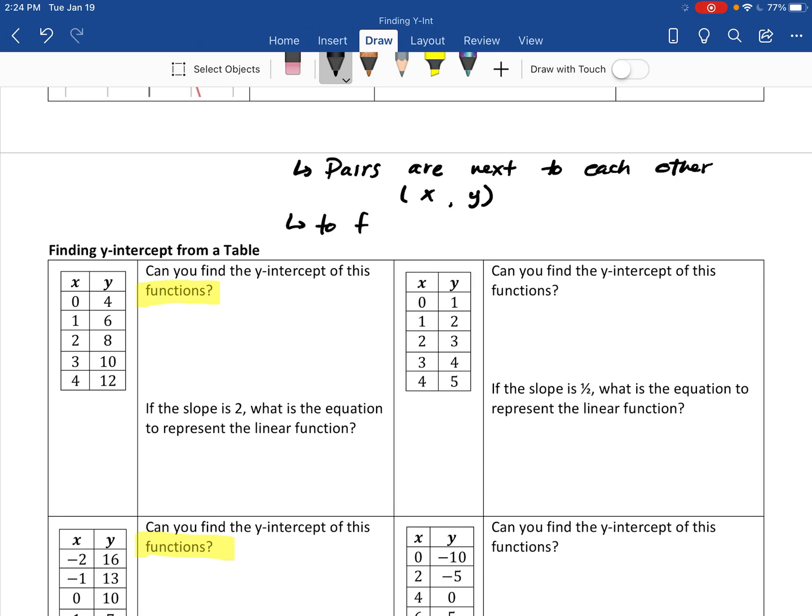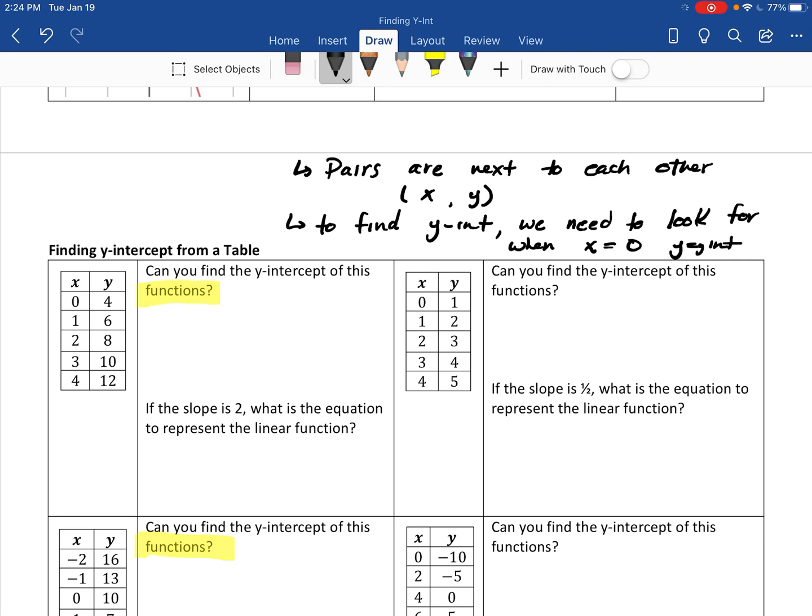And then to find the Y-Int, we need to look for when x equals 0, the y next to it equals the Y-Int.